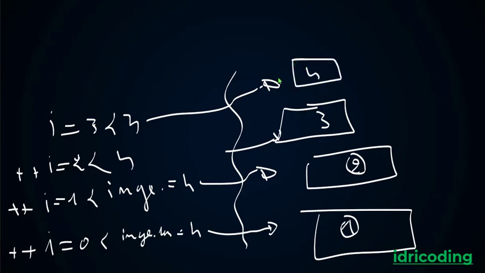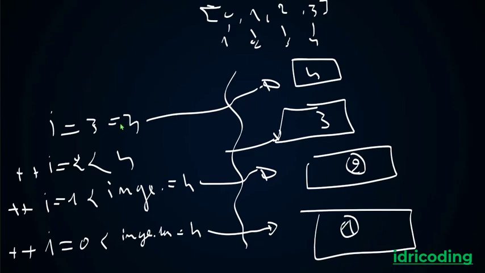Alright, but here there is a problem. 3, in this case, is equal to 4. As I said already, it's 0, 1, 2, 3, like the first picture here, 1 and 2 and 3 and 4. So 3 is not smaller than 4 in this case, but it's equal to 4.